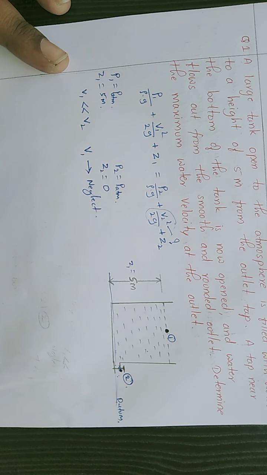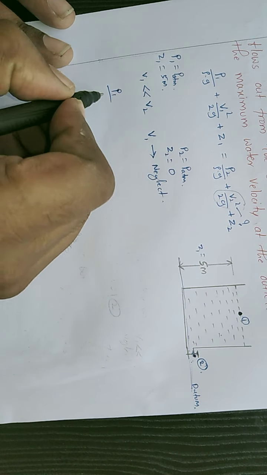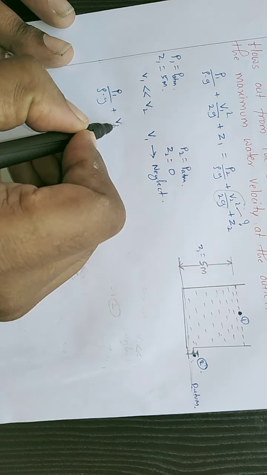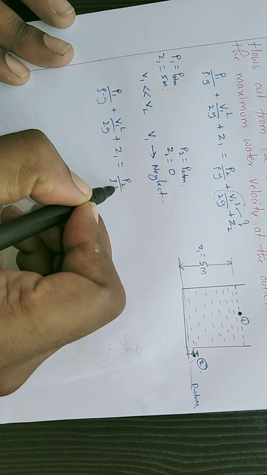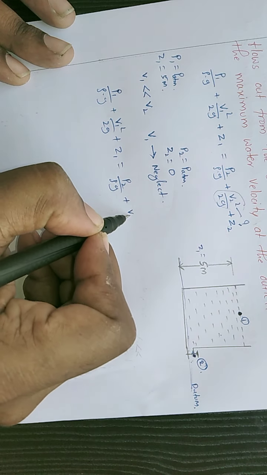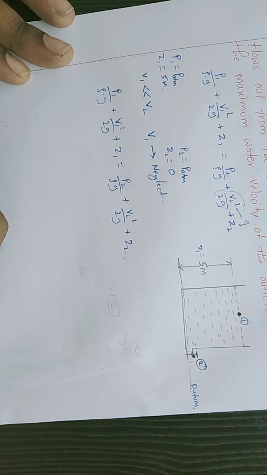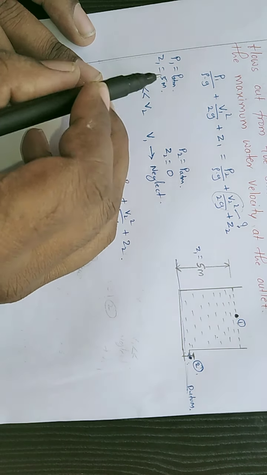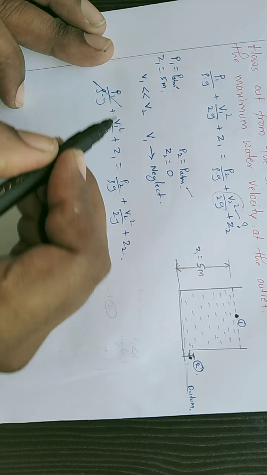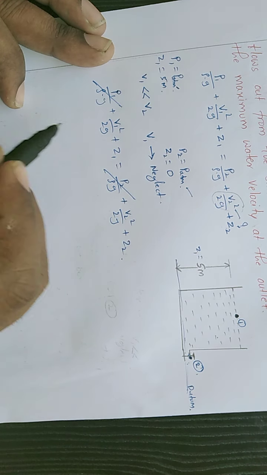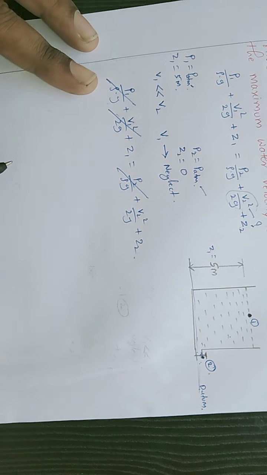Now I will write once again the equation. P1 by rho g plus V1 square by 2g plus Z1 is equal to P2 by rho g plus V2 square by 2g plus Z2. P1 is nothing but atmospheric pressure here, P2 is nothing but atmospheric pressure. So P1 and P2 cancel, and V1 is very small, so V1 also cancels.